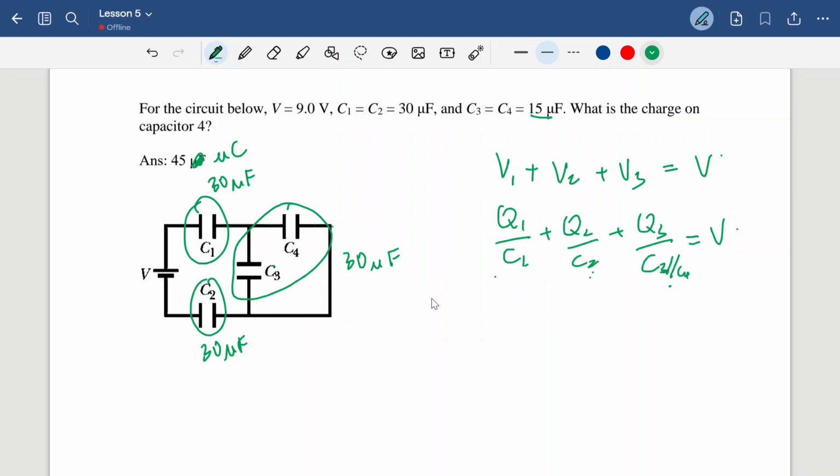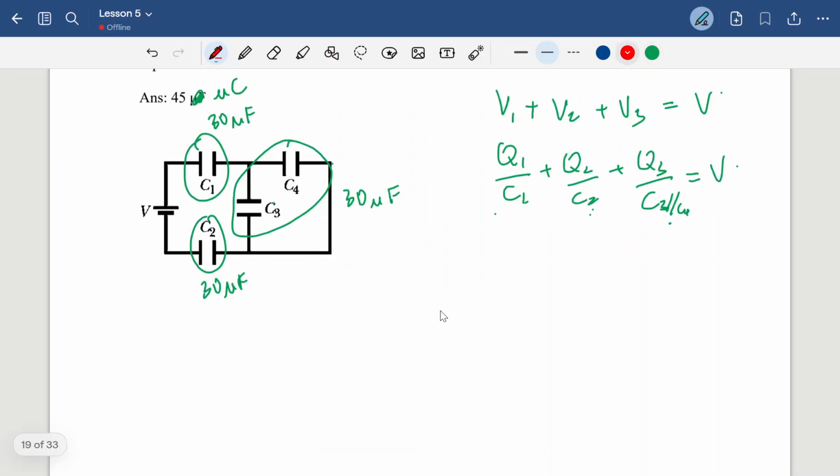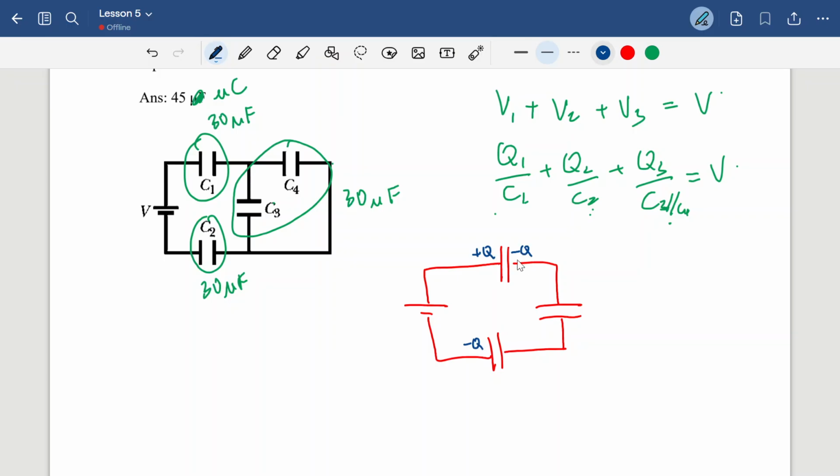Let me explain a bit more why the Q have the same value. Say you have these three capacitors here. The key is they are initially uncharged. The charge moves from one plate to the other plate. So if this is plus Q, the charge will move to here as negative Q. Here is plus Q, here must be minus Q. These two are the same.